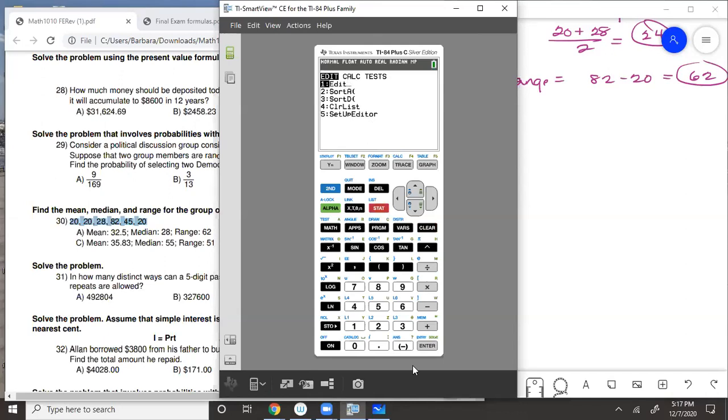Then we press enter. And I have a couple of lists here. One I don't need. I'm going to clear that out. To clear, you have to go to the very top, press clear, then enter. I'm going to go to list 1 and put everything in here. So we have 20.